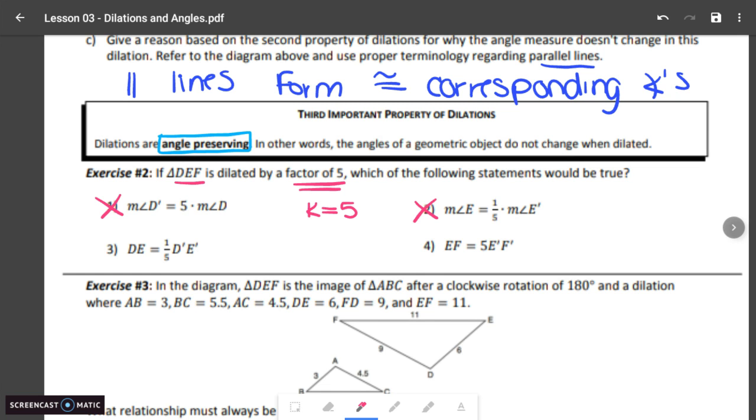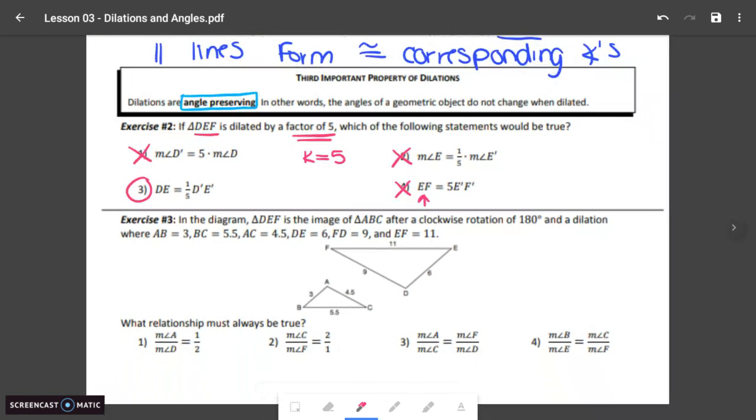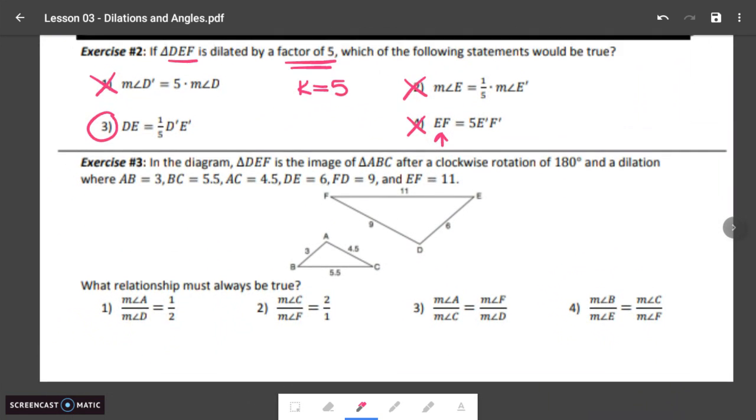So I have to be careful with where the primes are. It has to be choice 3 because EF would be the original. It's got no primes. I can't take E prime F prime and then multiply it by even more. So that number 4 is there to trick us. So we want to make sure we're going with choice 3.